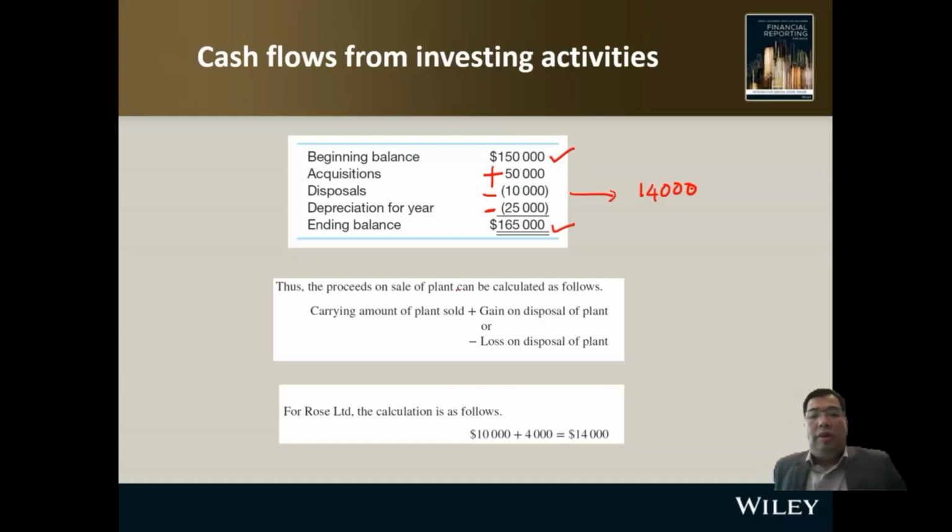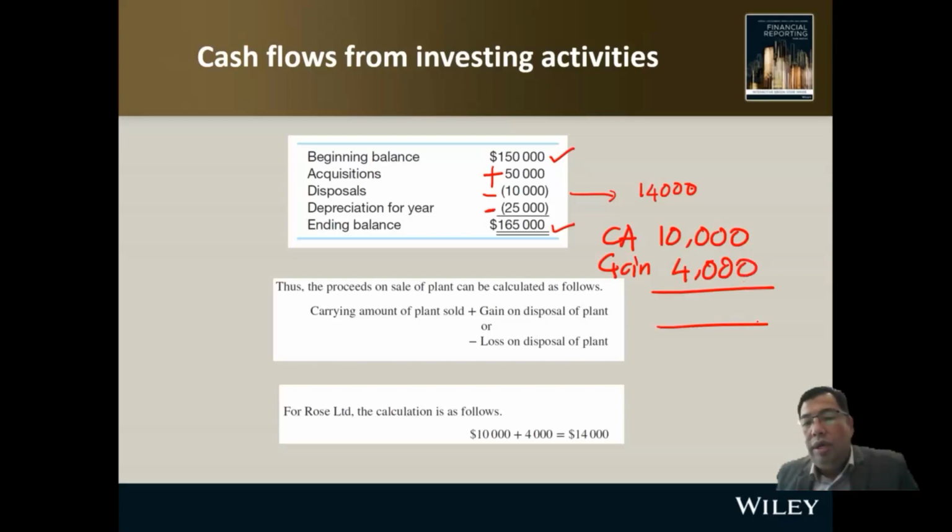So the proceeds from the sale of plant can be calculated as below. How to calculate the proceeds? Carrying amount of the plant plus gain on disposal minus loss on disposal of plant. For example, your carrying amount is 10,000. The gain is 4,000.